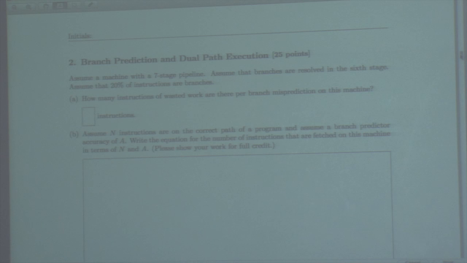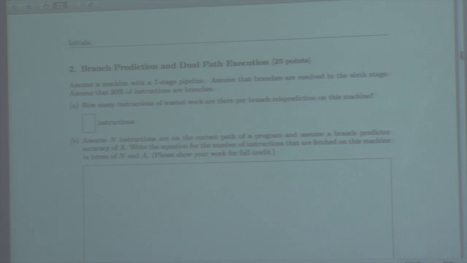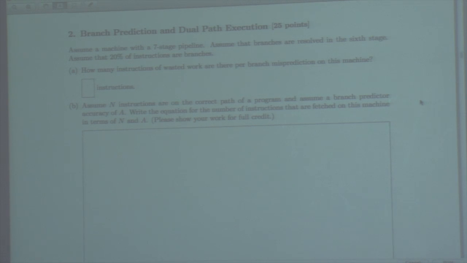So I definitely recommend going through this exam. And then the later questions, of which there are 6, I think, in this exam, are longer questions that require more calculation. Actually, potpourri questions could require calculation too, but they're meant to be shorter, quicker questions. This one is on branch prediction and dual path execution, for example.